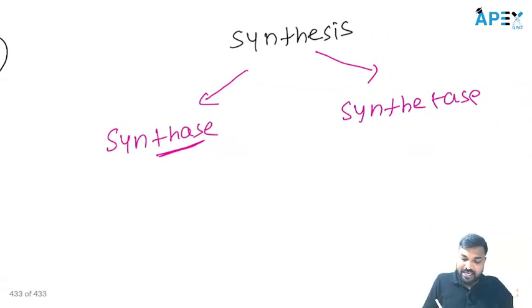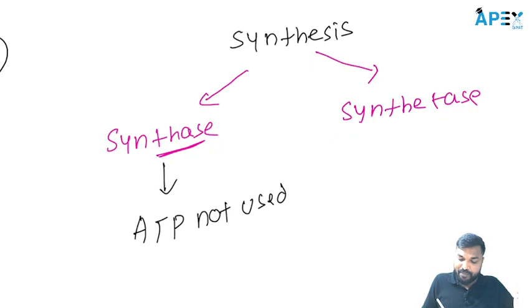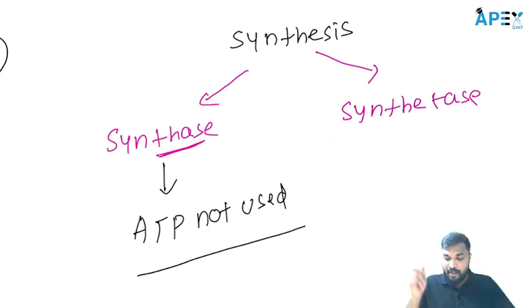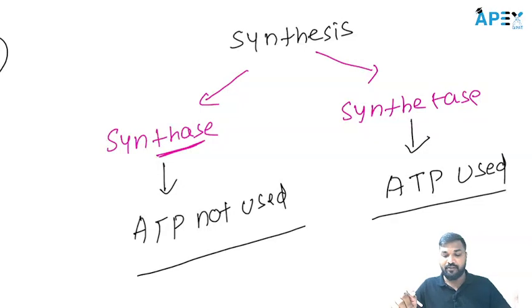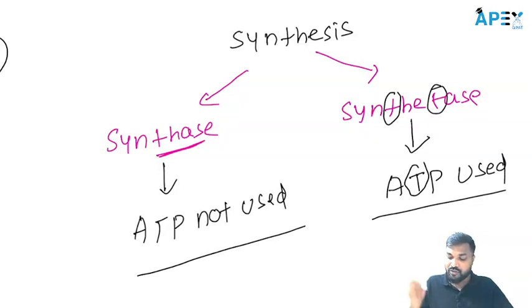In synthase, ATP is not used. But in synthetase, ATP is used. Remember, we have the two T's, ATP is used. In synthase, no ATP is used.